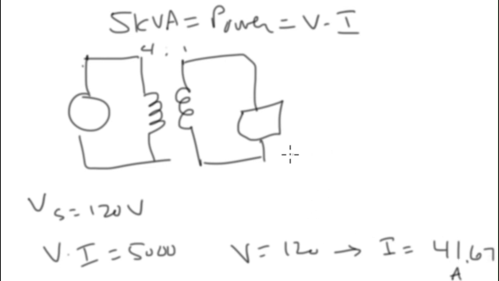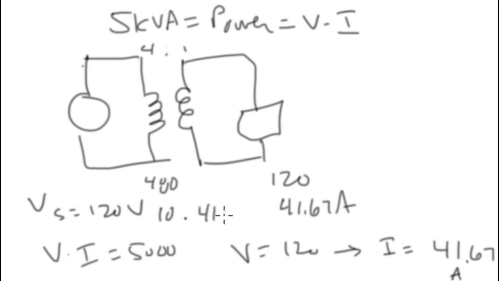So secondary, small voltage; primary, high voltage; secondary, 41.67 amps; primary, does it go bigger or little? It goes little, doesn't it? Because this is little big, big little. So I divide 41.67 by 4, and I get 10.41 amps.